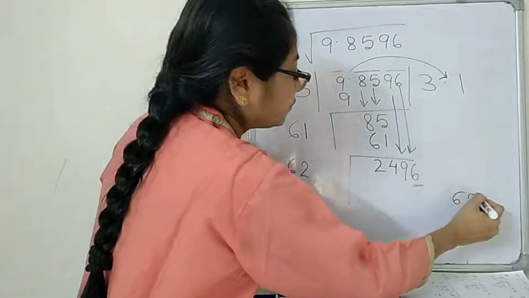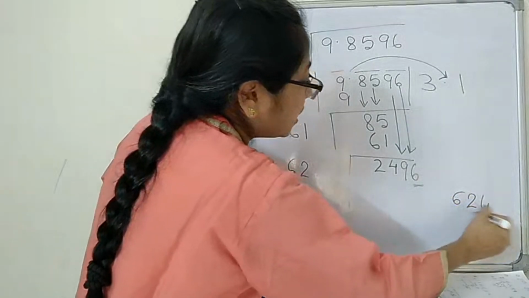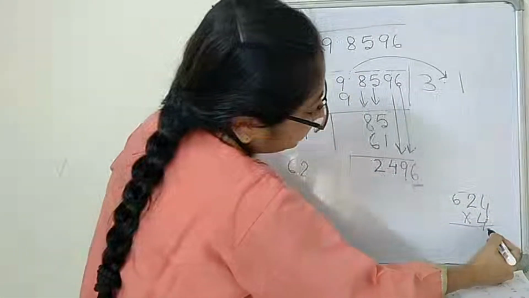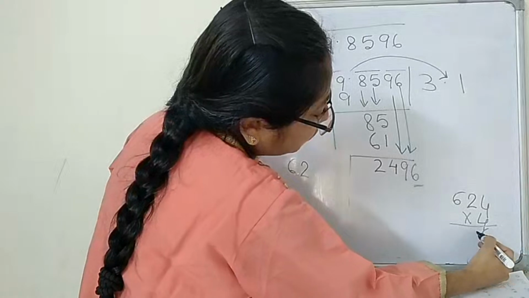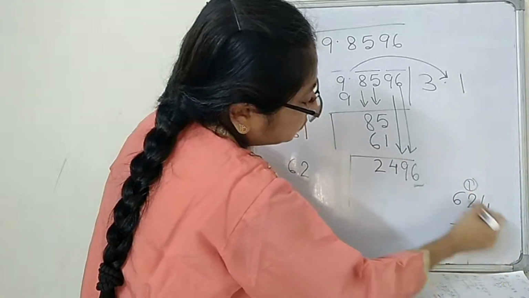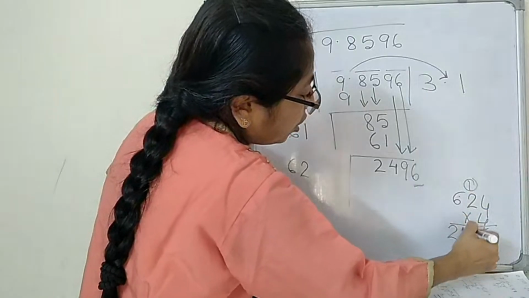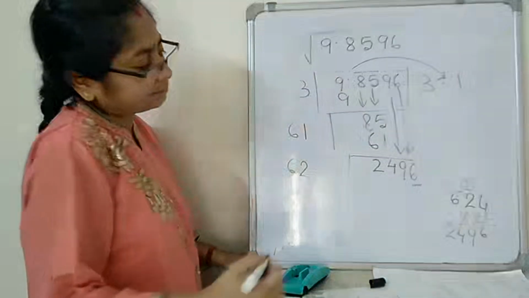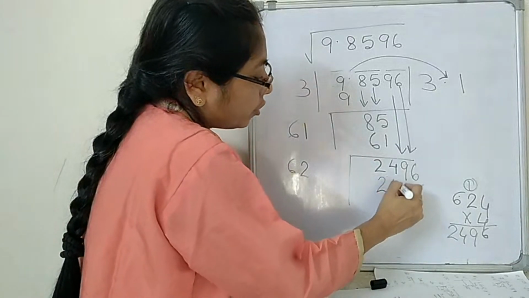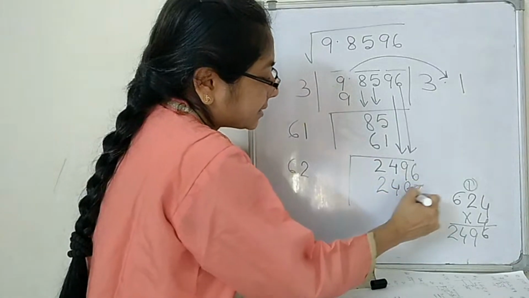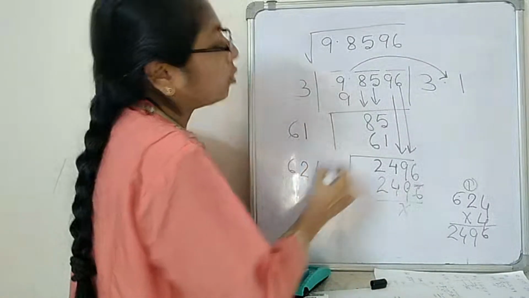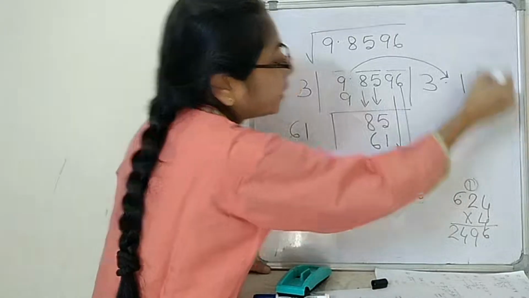We write 4 beside 62. Multiply by 4. 16, write 6 and 1 carry forward. 8 and 1 is 9. This is 24. Our number comes the same, 2496. So we are writing 4 here.